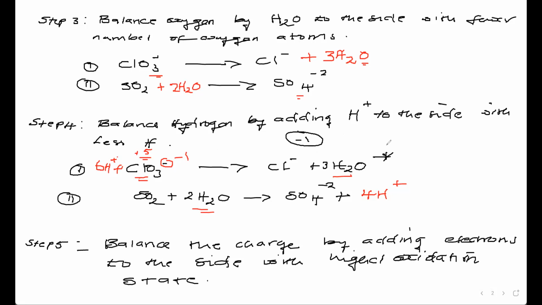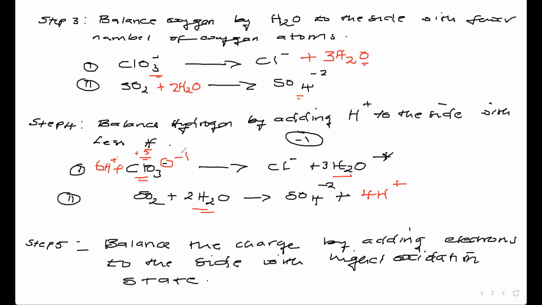Now we have been told that we can only balance this by adding electrons on the side with higher oxidation number. So in this case, the total oxidation number on the reactant side is +5. So this is the side where we are going to add electrons.